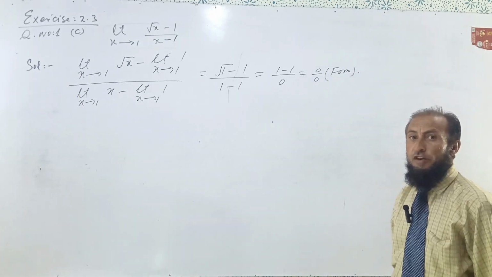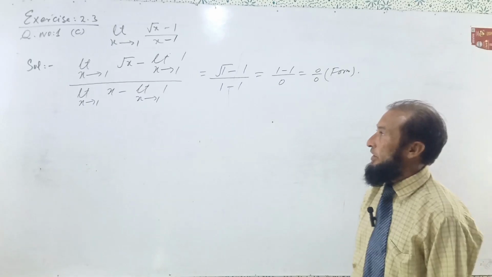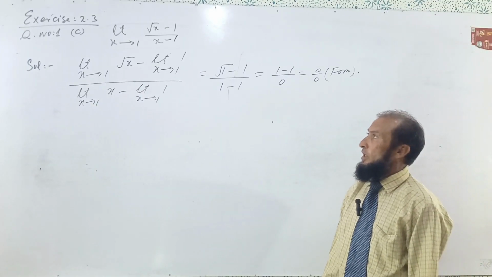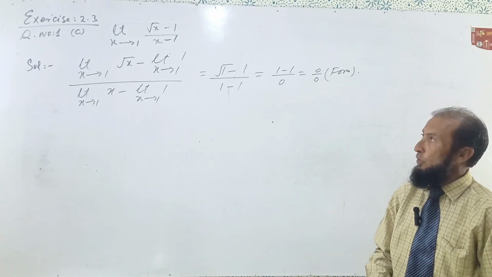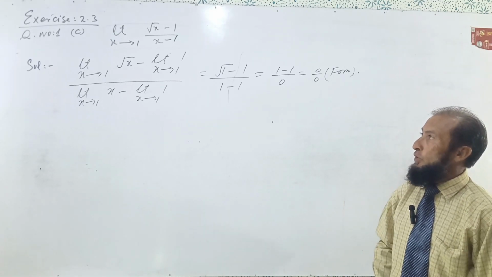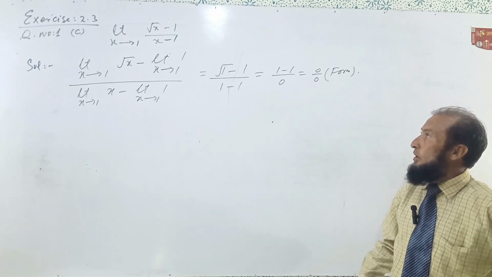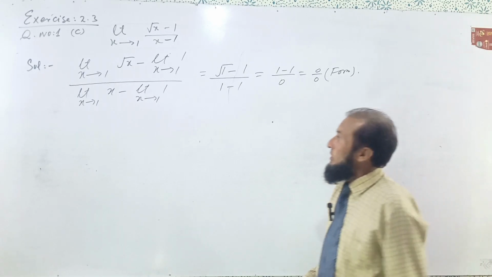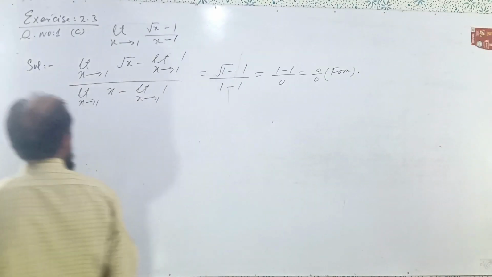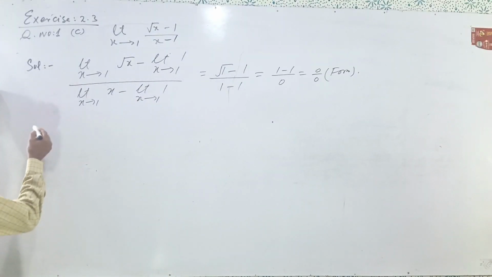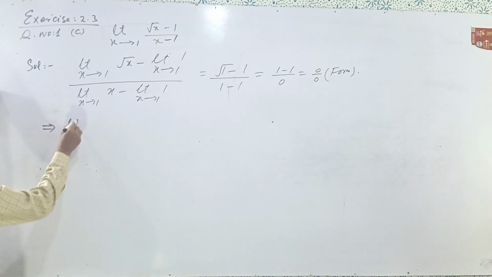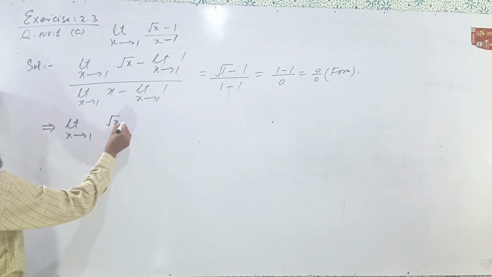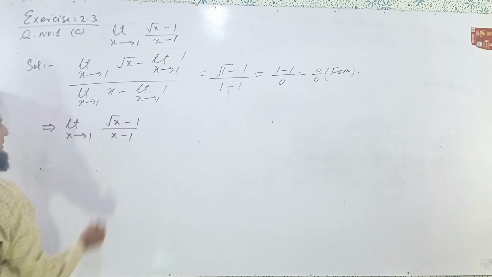In case of an undefined form, we proceed with the factorization method, the rationalization method, or L'Hospital's rule. So these are the methods we apply in limits to solve the question. Now we are using the rationalization method. Limit x tends to 1, (square root of x minus 1) divided by (x minus 1).